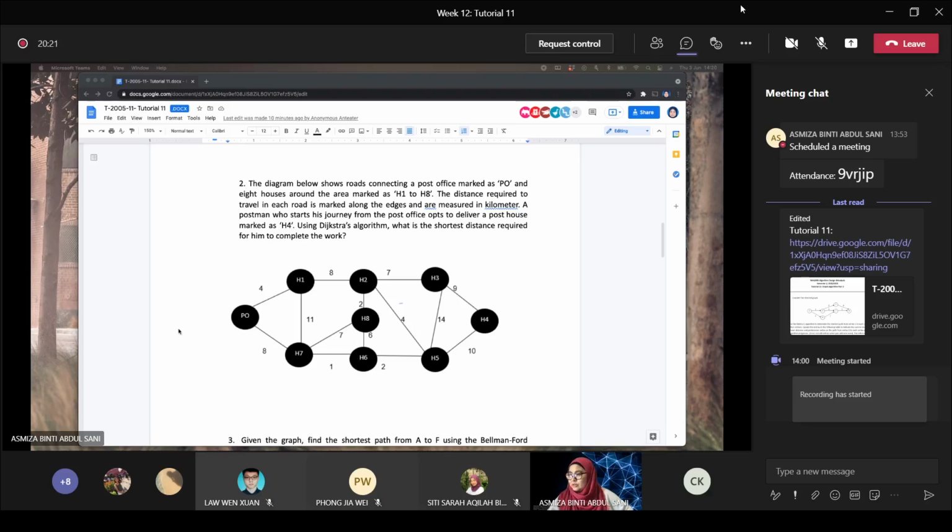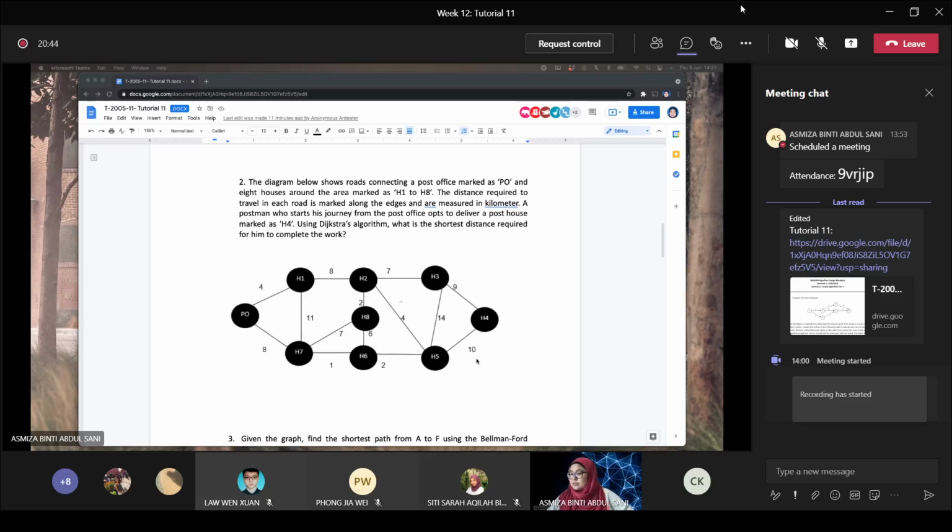These are all the houses, in kilometers. This graph represents those houses and the distance from each other, and you want to find the distance that the postman has to travel if he wants to deliver to H4.